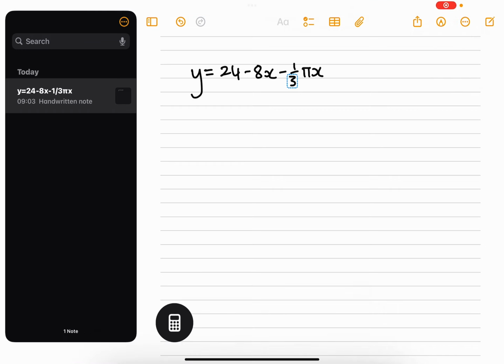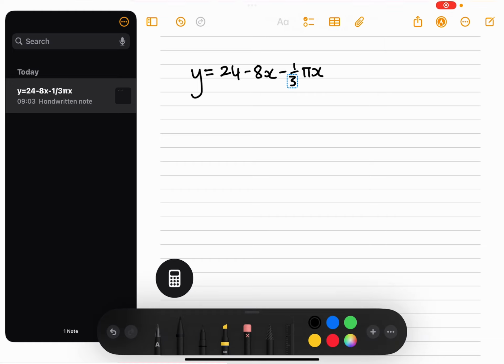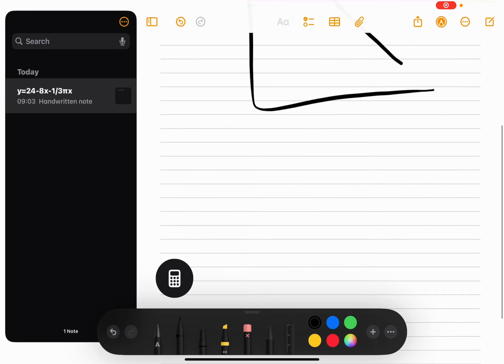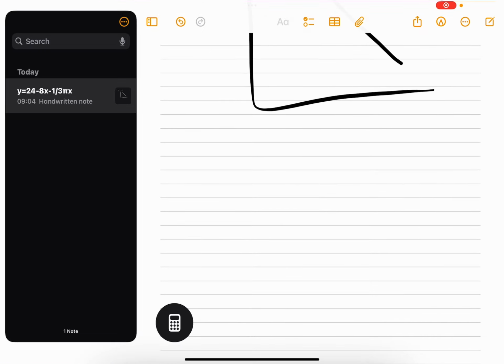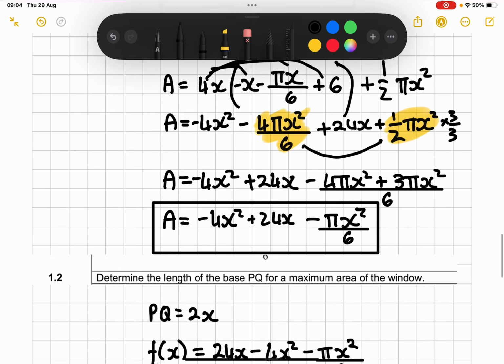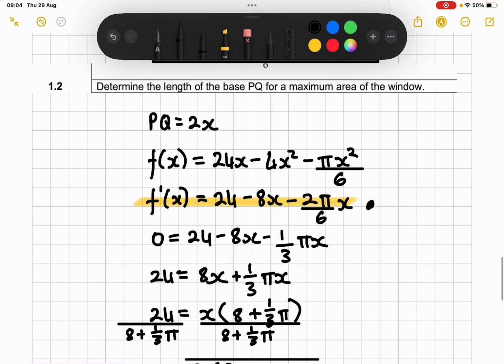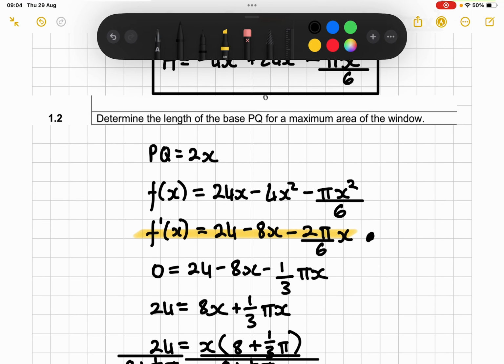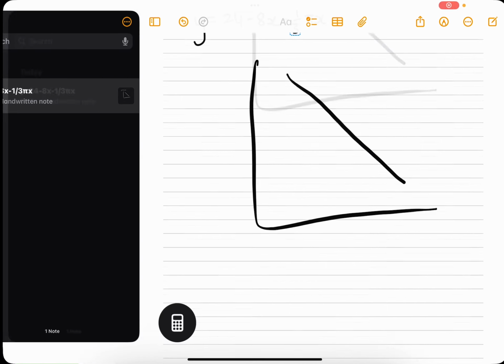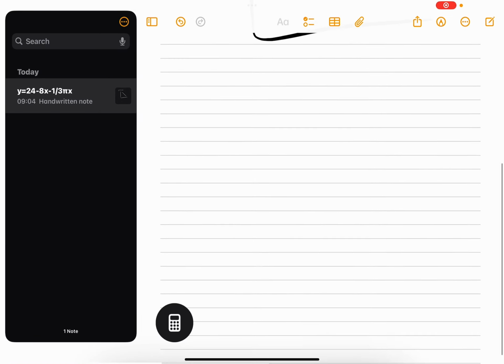But if you were to put this into Photomath, for example, it would give you a linear graph, and I would assume it's going to be decreasing. But then if you look at the actual first equation of the area before we derived, which is this one over here, you see that it's a quadratic equation. So it being a quadratic equation, I don't know exactly what it would look like.